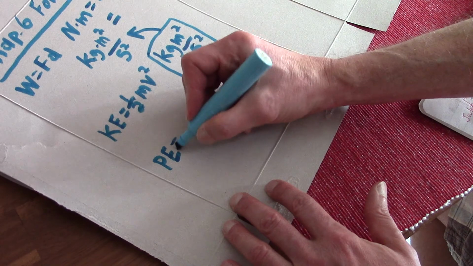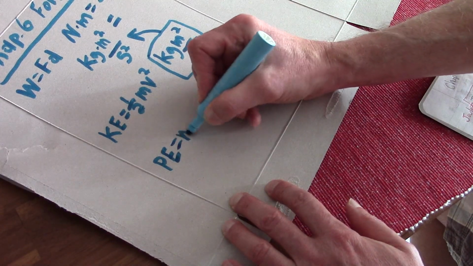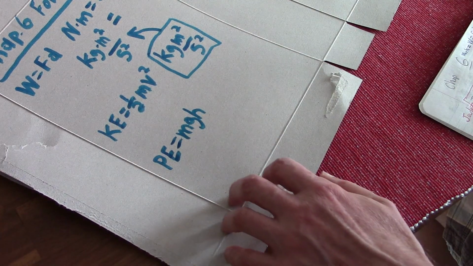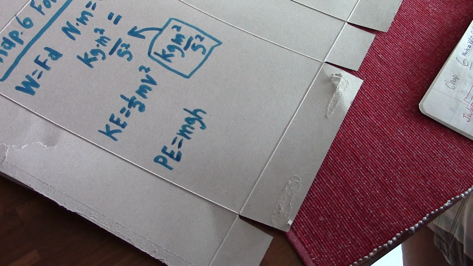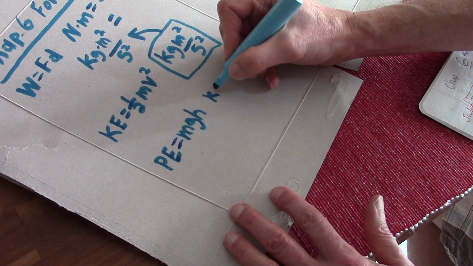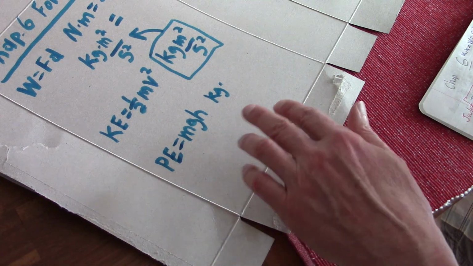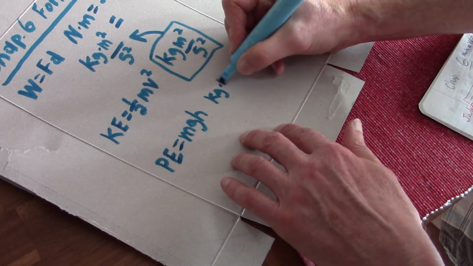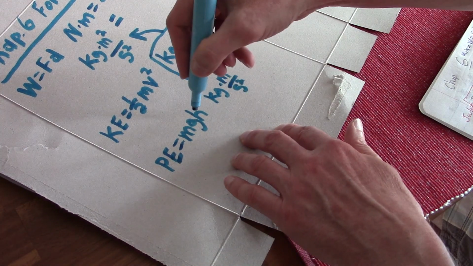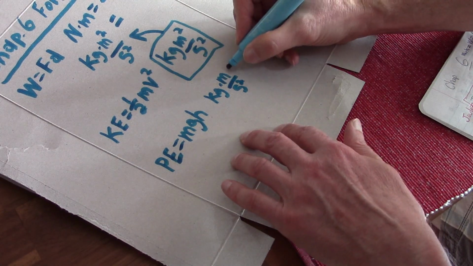Potential energy is equal to mgh. Let's look at those units. So you're going to have mass, so it's kilogram. Then the acceleration due to gravity is meters per second squared. And then h, it's a height, which is going to be in meters.